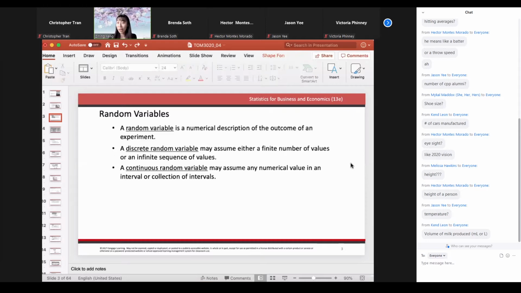One last tricky question. If I have a variable to measure the price of the textbook, is it discrete or is it continuous? Price of your textbook.